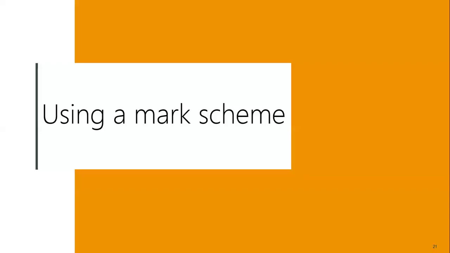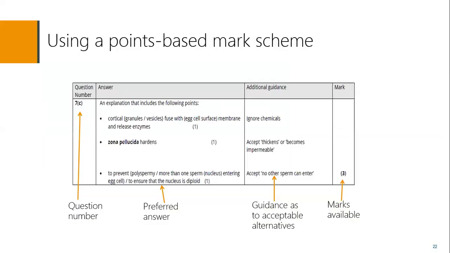Think about how to use a mark scheme. This is an example of a points-based mark scheme. A mark scheme provides the answer for a question. Questions are marked by experts who interpret and apply the mark scheme to candidates' responses.